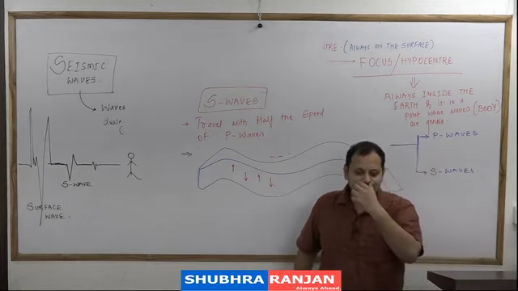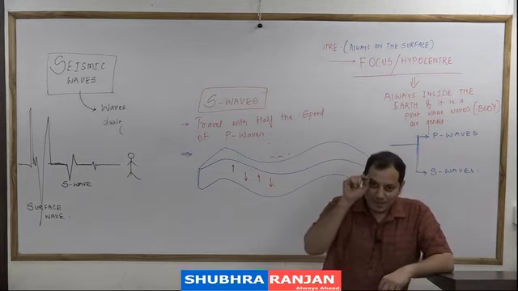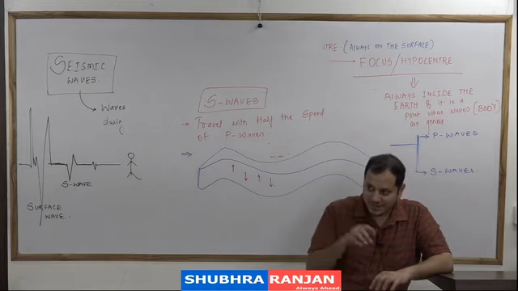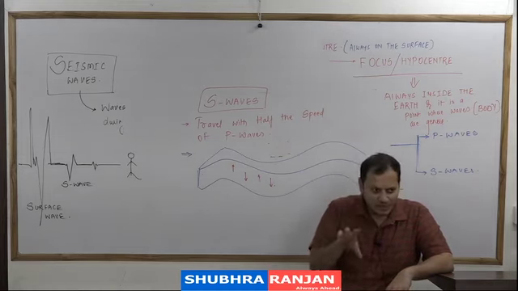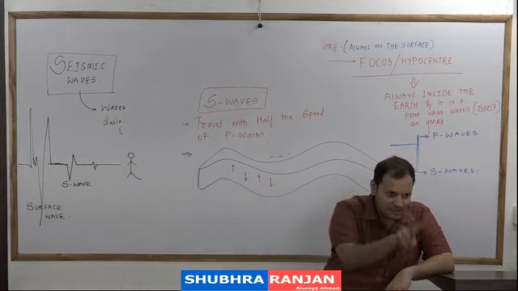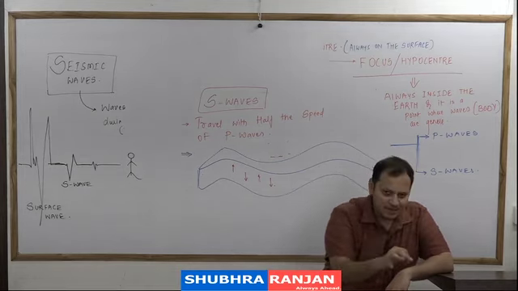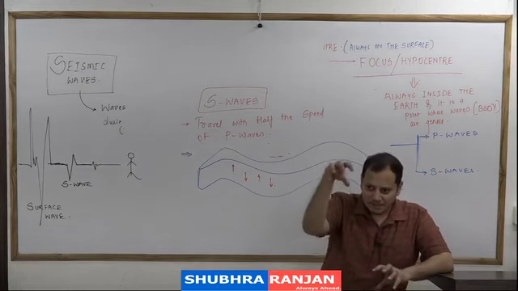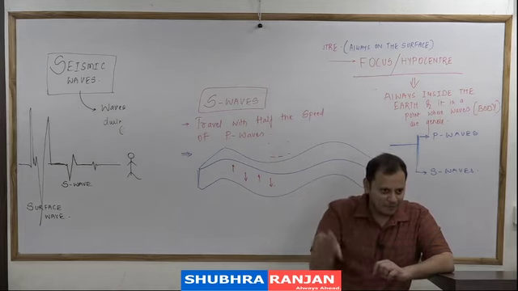Wherever S waves are not recorded or cannot pass, what does it mean? It means that there the earth is liquid in nature. Can the earth be gaseous inside? Where S waves are not recorded, it can mean two things: either the earth is liquid or gaseous. But you have to understand one logical thing: at such a high temperature and pressure, gas cannot exist. It will be mostly in liquid form.